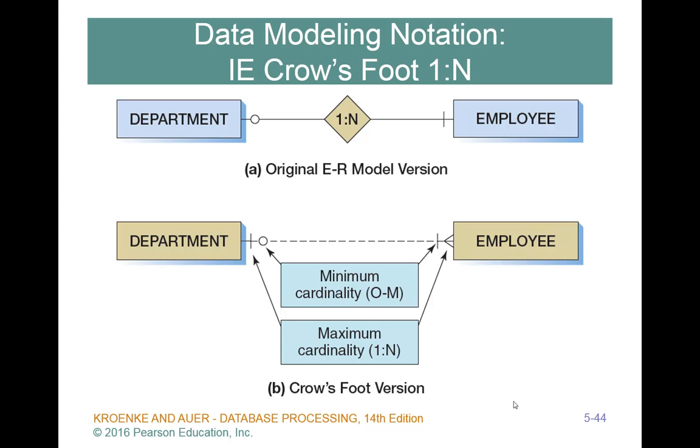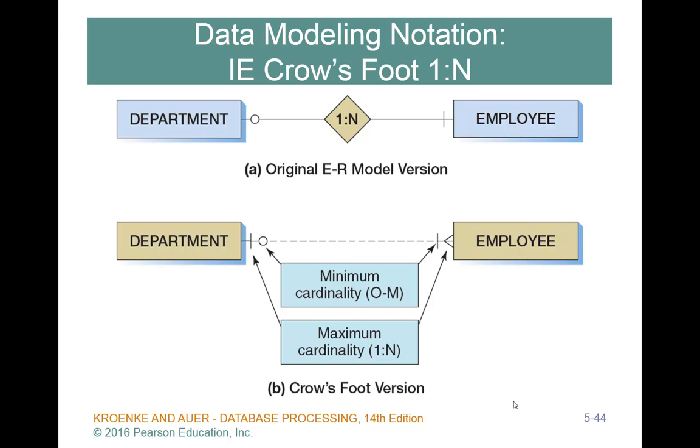If you notice in example B, the maximum cardinality is the indicator that's closest to the entity, and then our minimum cardinality is indicated on the inside of that relationship. So whatever's closest to the entity is maximum. Whatever indication is on the inside would be considered your minimum cardinality.